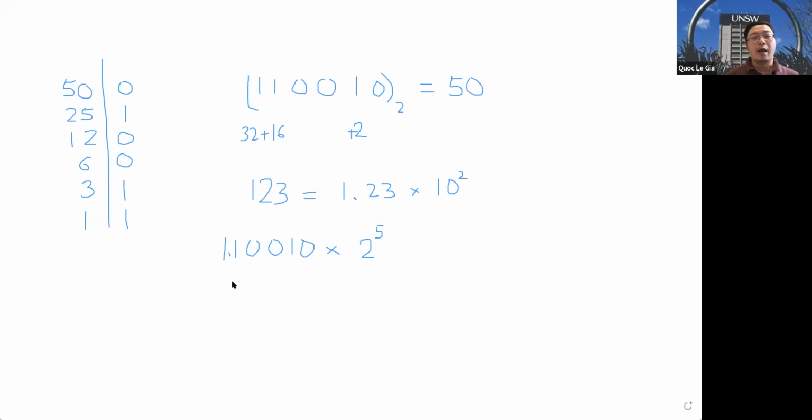Now for numbers bigger than 1, you can use this algorithm to find the binary representation. But how about, say, 0.5? Suppose for 0.5, how do you represent this by a binary number?